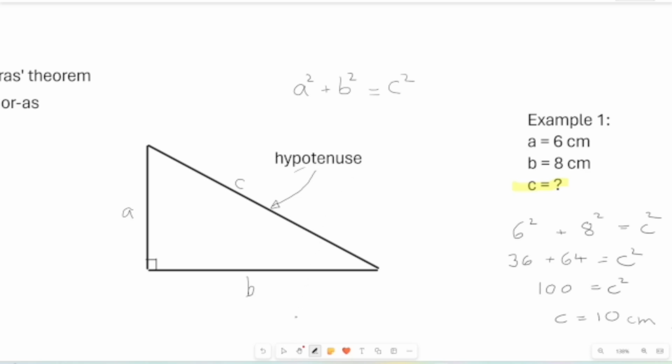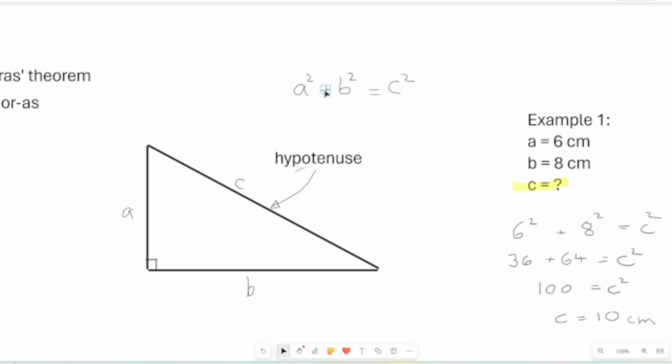So the square of the hypotenuse here is equal to, and we've got the equal sign there, the sum, and sum implies addition, so we're adding the squares of the other two sides. Well, the other two sides are called A and B, and they're both squared. So A squared and B squared are the other two sides squared.